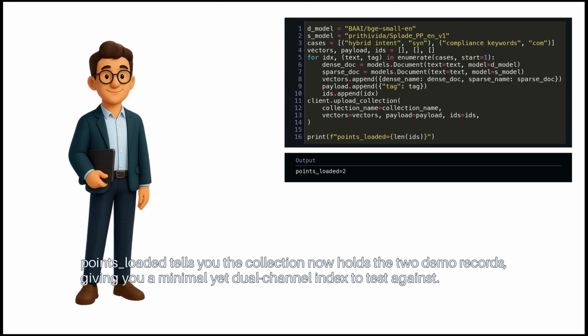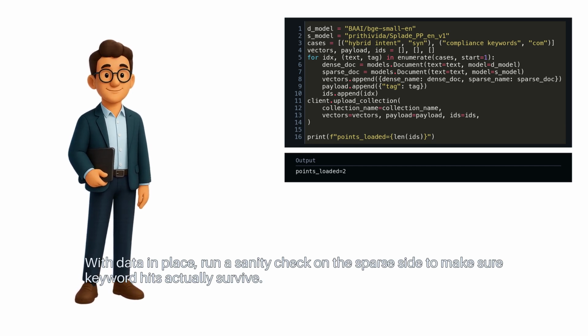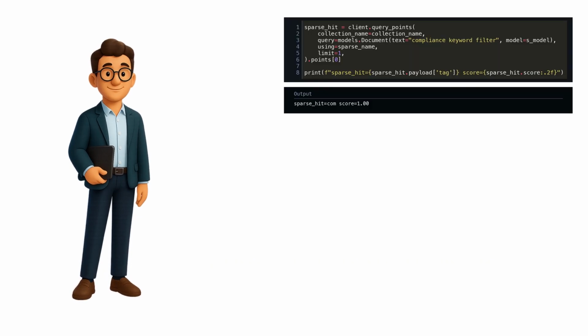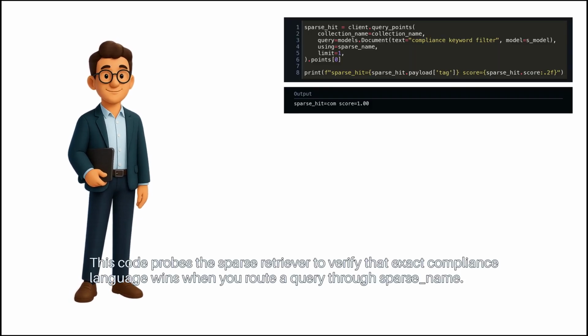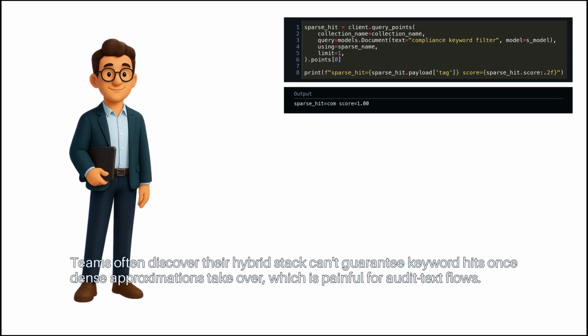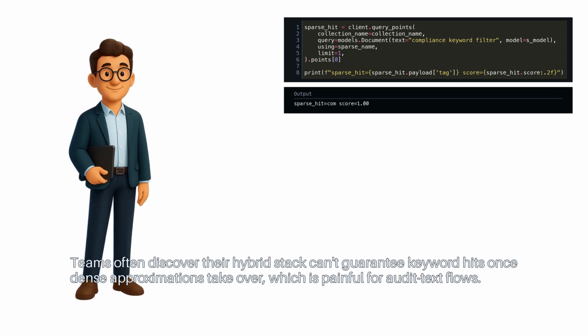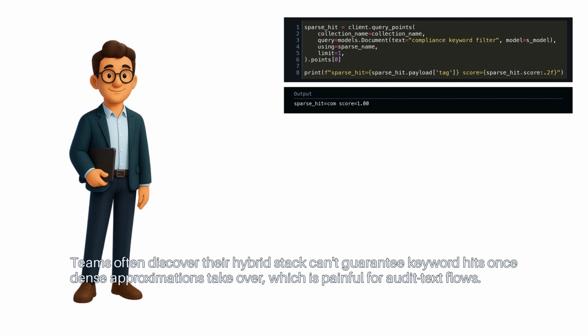With data in place, run a sanity check on the sparse side to make sure keyword hits actually survive. This code probes the sparse retriever to verify that exact compliance language wins when you route a query through sparse name. Teams often discover their hybrid stack can't guarantee keyword hits once dense approximations take over, which is painful for audit text flows.